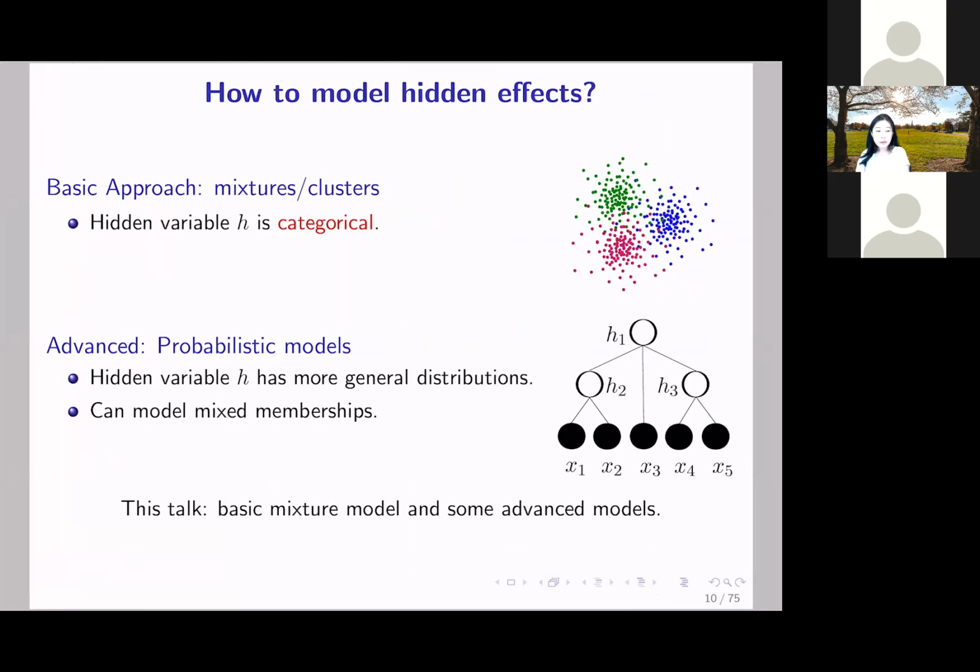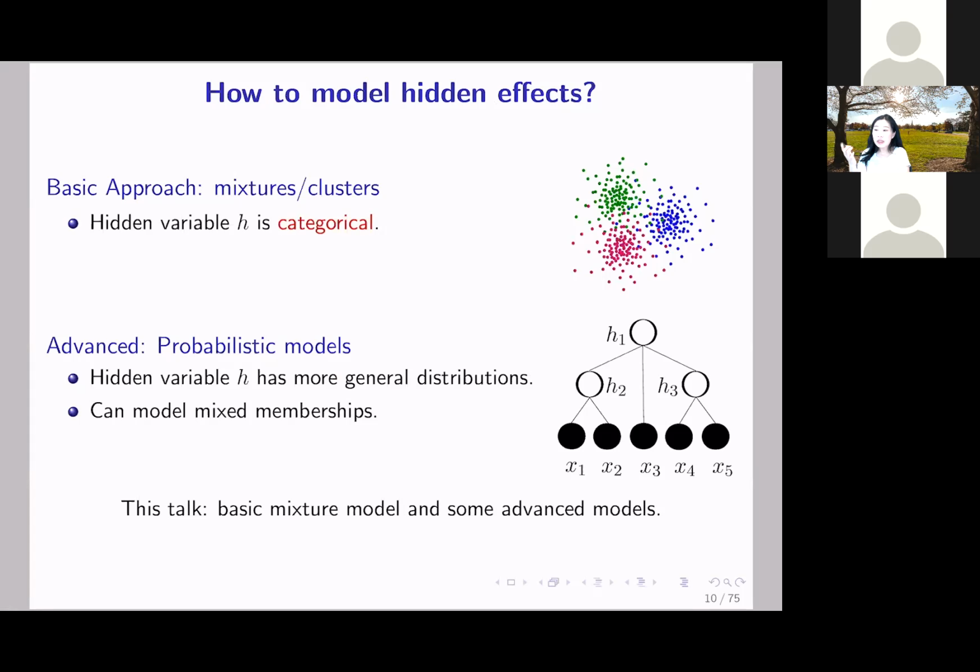So how to model hidden effects, right? The basic approach is to think about mixtures or clusters, right? So you have this hidden variable H that is categorical. For example, this H denotes the color here. So it's green, pink, and blue, right? But more advanced ways use probabilistic models. So it's not just a categorical variable, like either this is blue or this is pink or this is green.